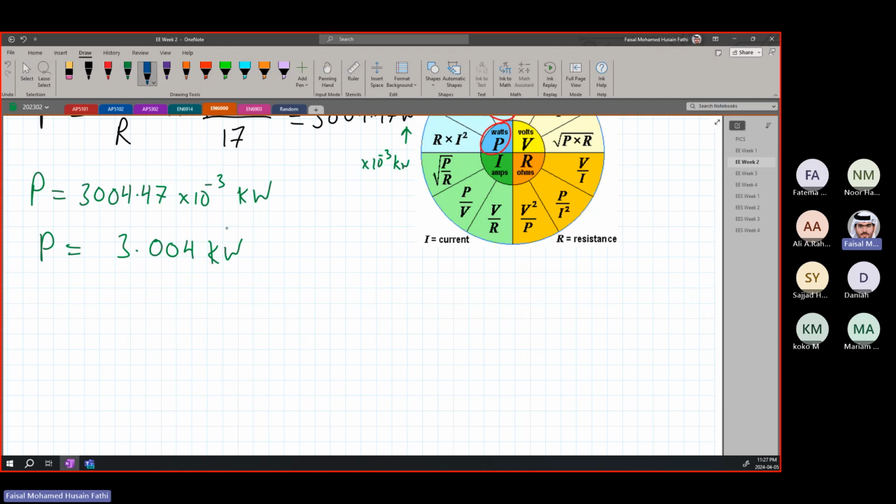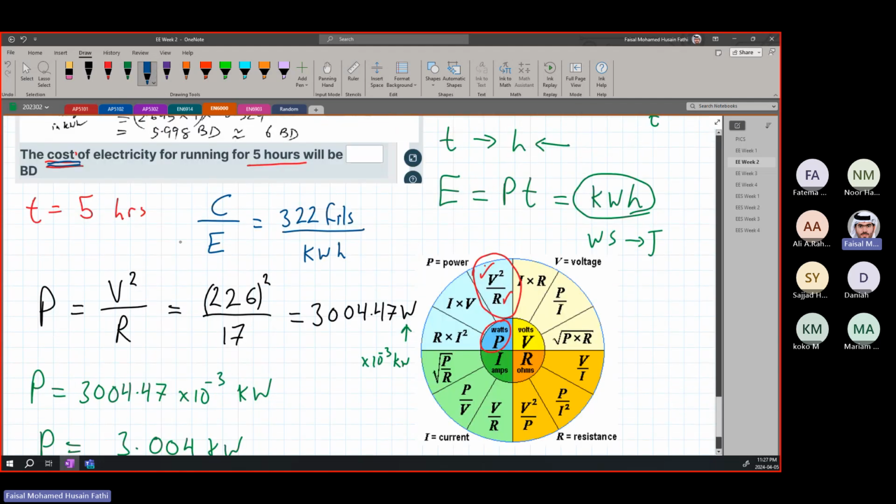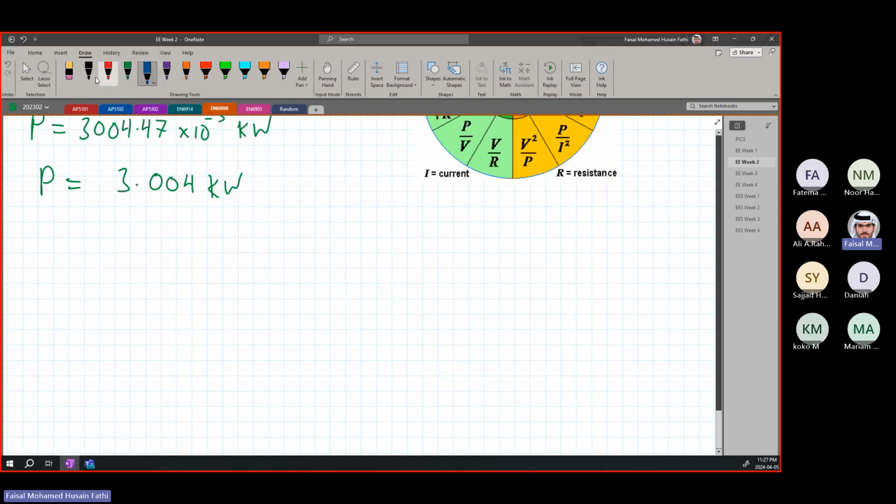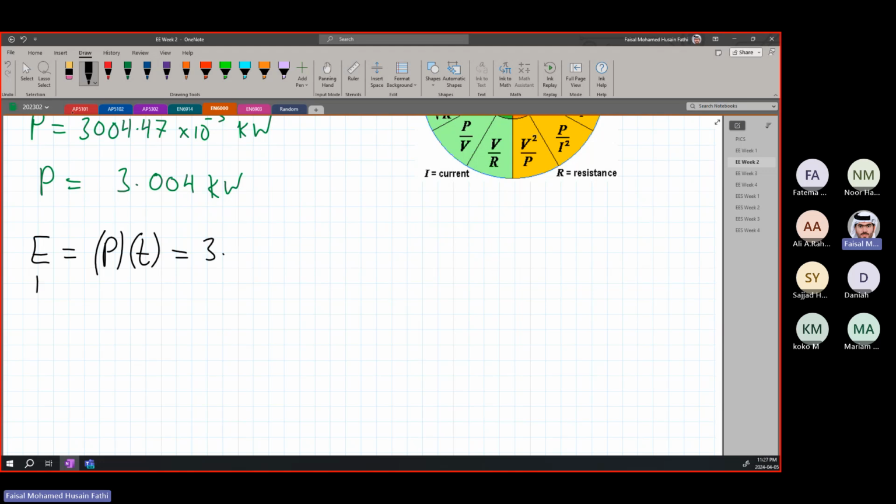Now we want to find the energy. We have the power, we have the time, so we can find energy. Energy is equal to power times time, right? Power times time. We have the power in kilowatts because we want the energy in kilowatt hour, which is why we converted this to kilowatts. So we put the power 3.004 times time.